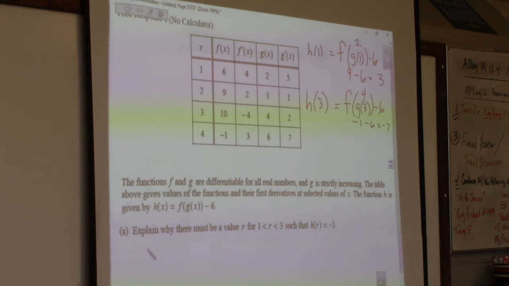And h of 1 equals 3, h of 3 equals negative 7, and by the intermediate value theorem, h must take on every value between those 2 values over the interval from 1 to 3. And that will be enough for your justification.